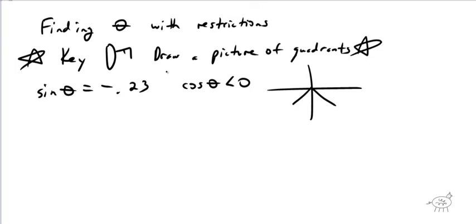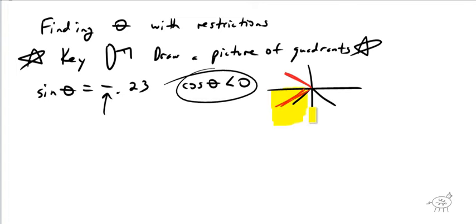Okay, that's one restriction by just looking at this value right here. And then I have my second restriction, cosine of theta is less than 0. So where's cosine less than 0? Well, it's less than 0 here and here. Okay, so where does it overlap? It overlaps right here. So your final answer will only be in this quadrant. All right, so just keep that in mind.